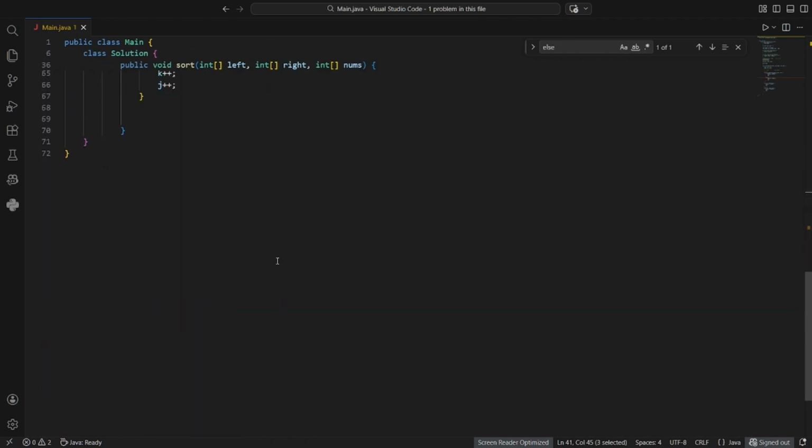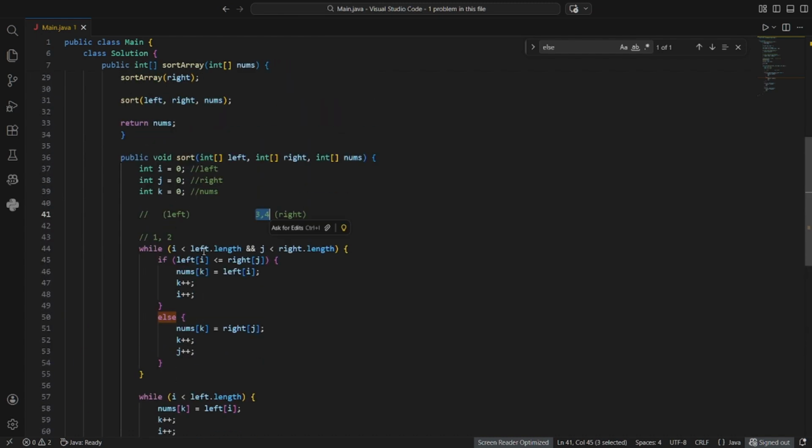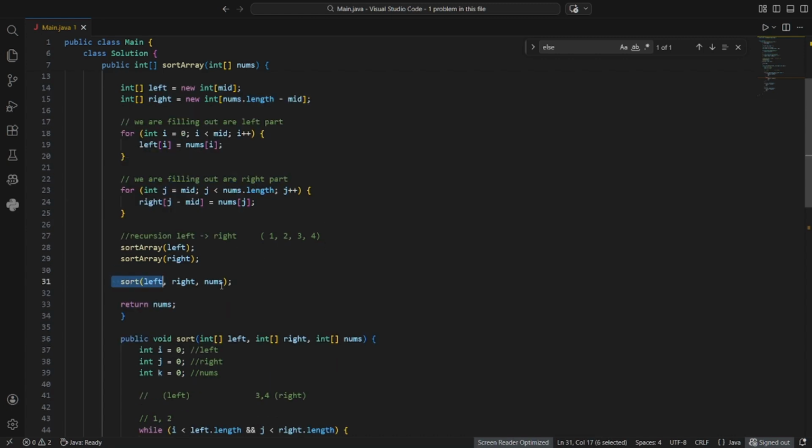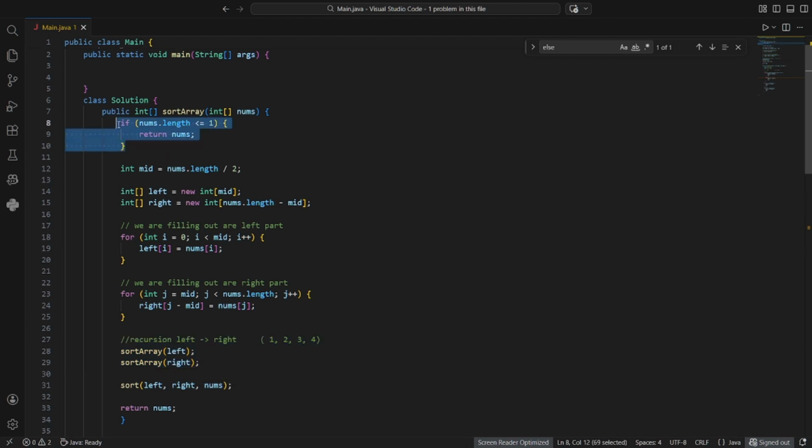So all we need to do is basically fill our left part, fill our right part. Now we're going to sort, basically. After we divide, we're filling our left part, filling our right part. We're going to keep on filling these left, right until they become 1. So that's when we have this.